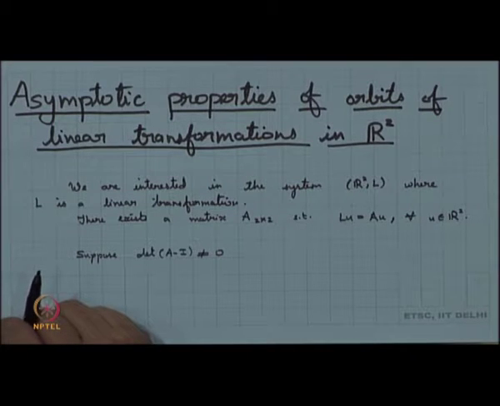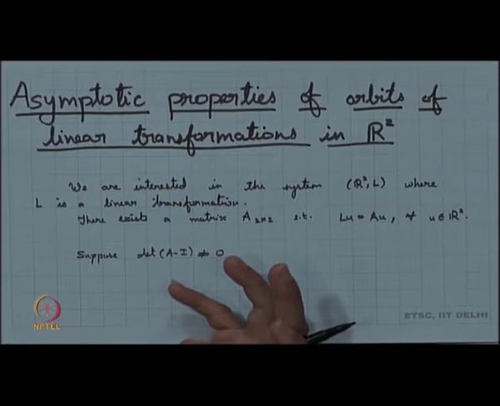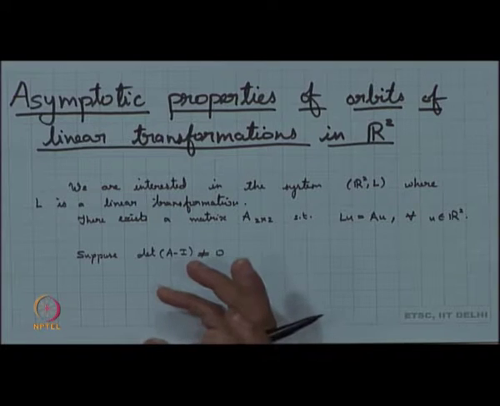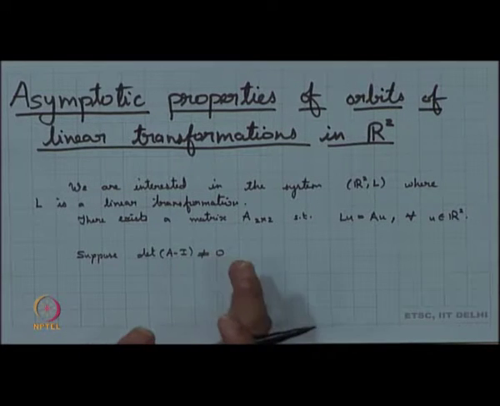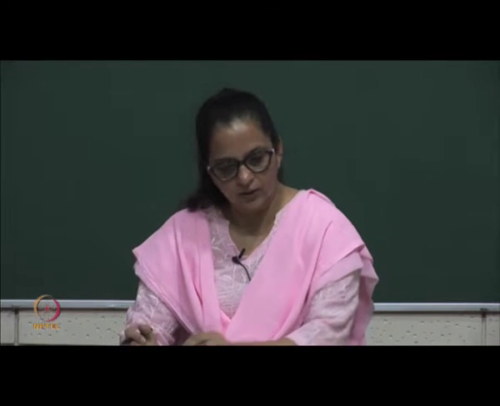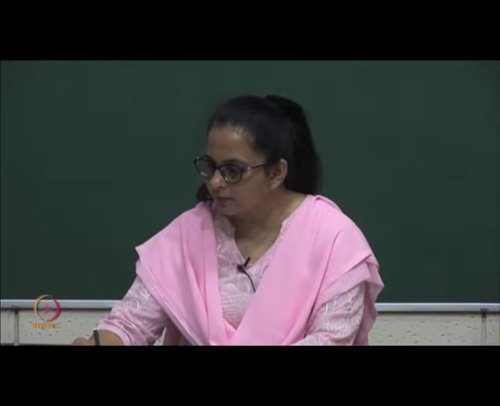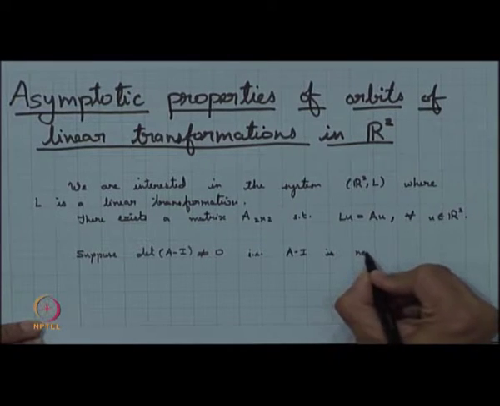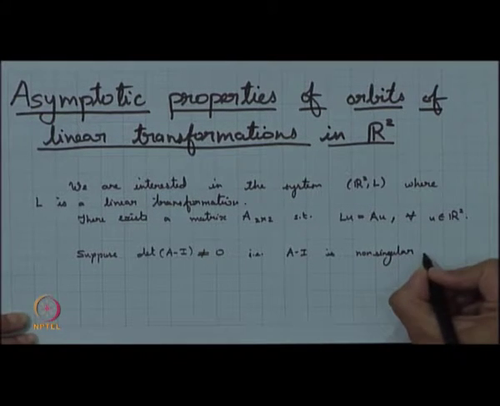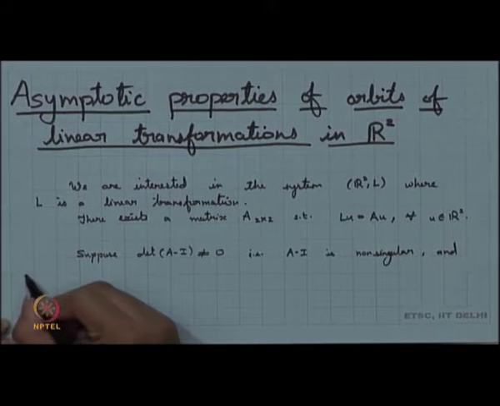To say that the determinant of A minus I is not equal to 0 means that A minus I is invertible, right? It is non-singular. So, basically it means that 1 is not an eigenvalue. So, this means that A minus I is non-singular, and what happens in that case?